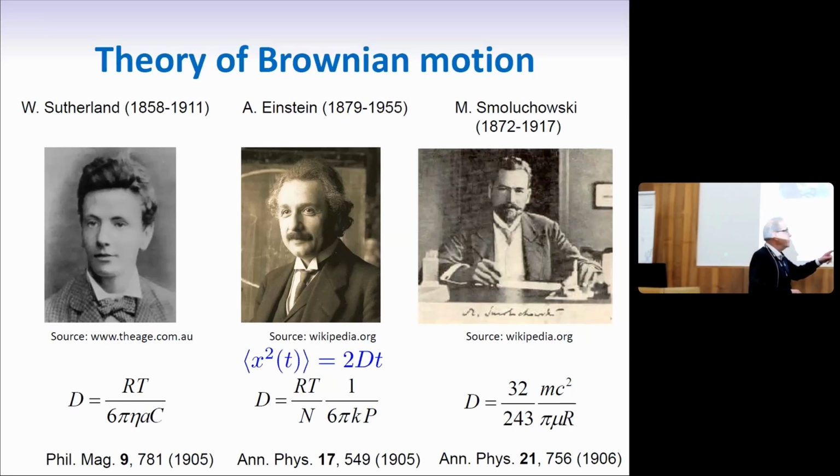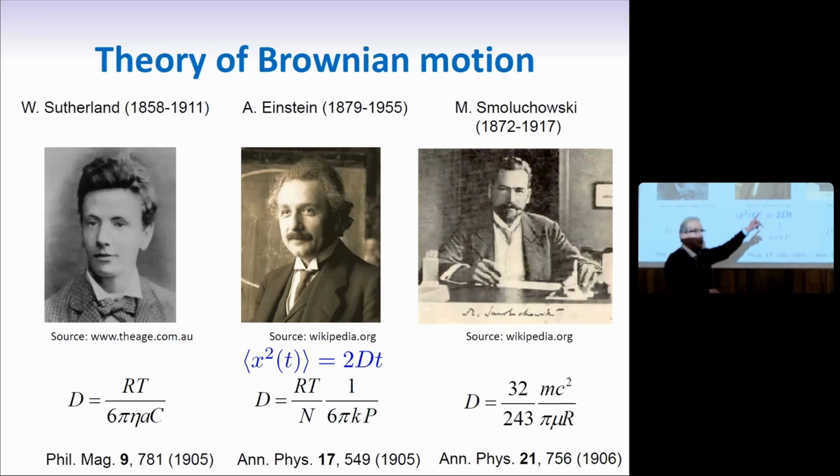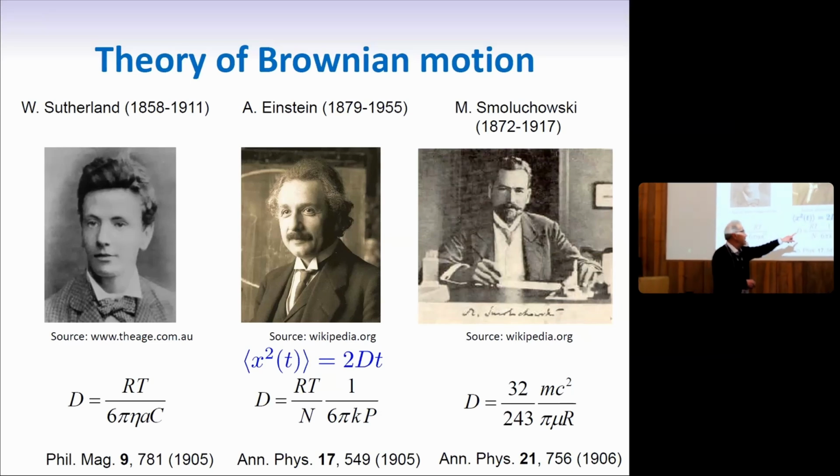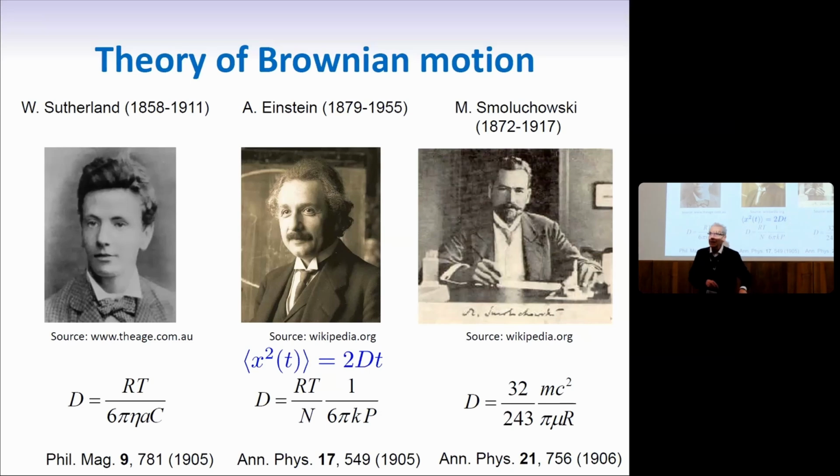And after, this is another nice story, Smoluchowski, I also got the Smoluchowski Prize, actually saw this paper, but of course at that time, he said that we are not allowed to publish papers in theory only, but we have to do experiments. And when he saw this was one of the first theory papers, Einstein, he said, okay, now after you publish only theories, I'm also allowed to publish. And then he published his famous paper in 1906.